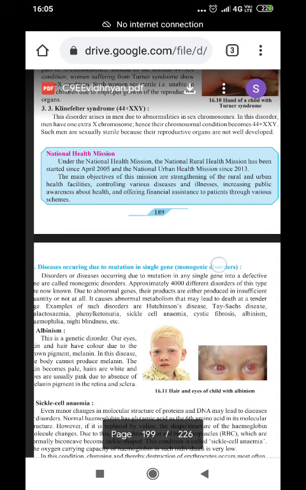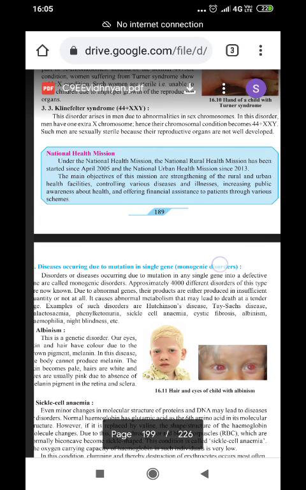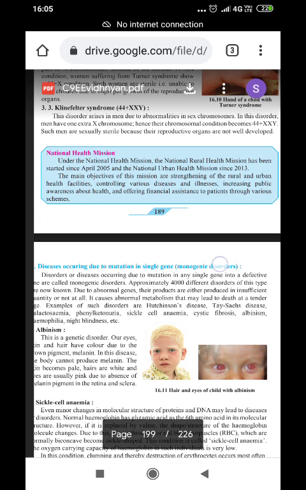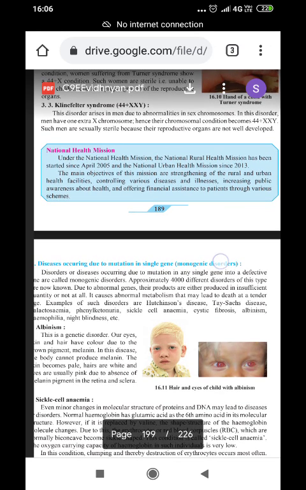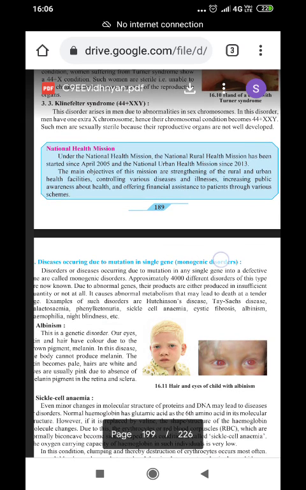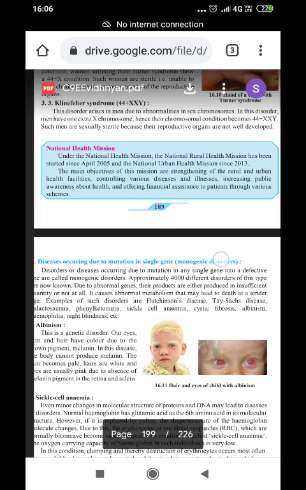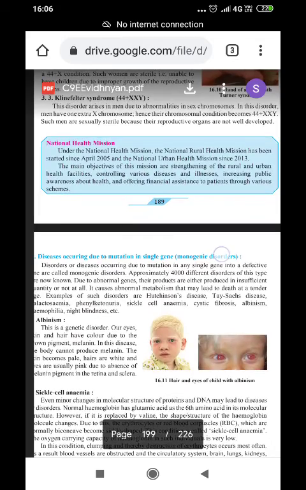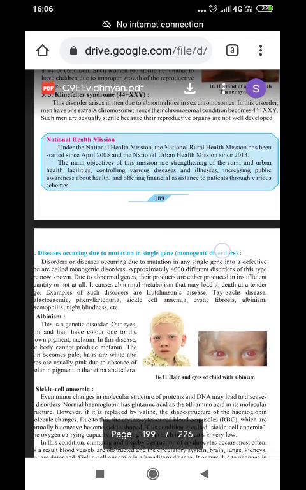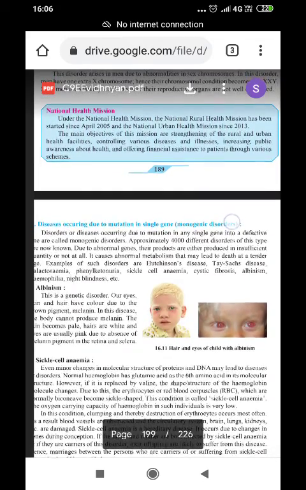Now, in the last pair of chromosomes, instead of having XY, it is having XXY, which implies characteristics of both male and female occur in one. This disorder arises in men due to abnormalities in sex chromosome. In this disorder, men have one extra chromosome, hence the chromosome condition becomes 44 plus XXY. Such men are sexually sterile because the reproductive organs are not well developed.